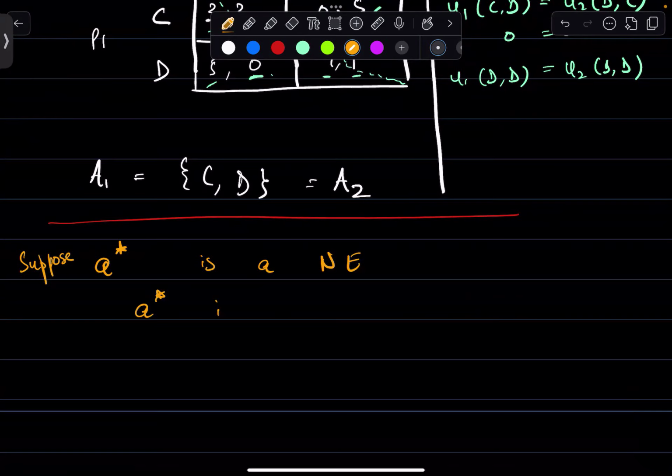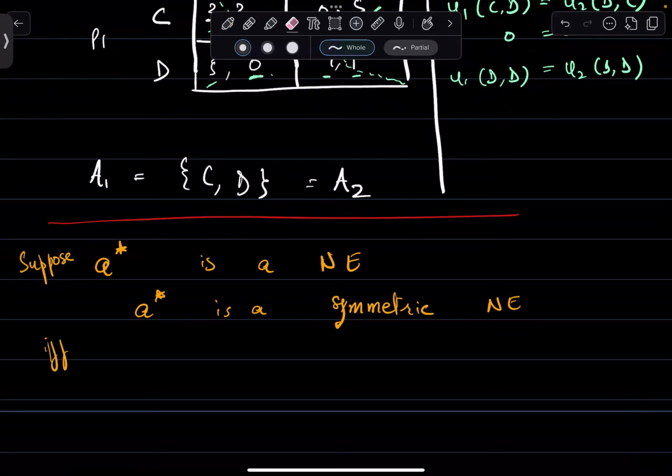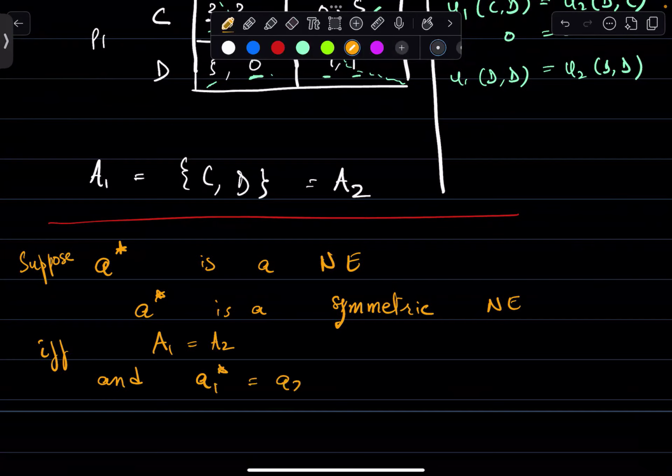A star is a symmetric Nash equilibrium if and only if A1 equals A2 and A1 star equals A2 star.